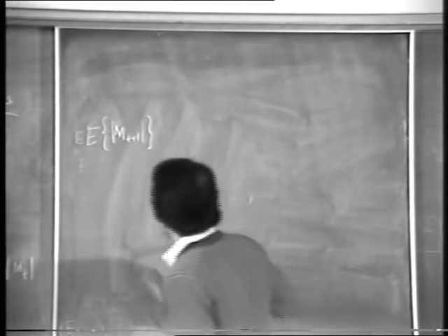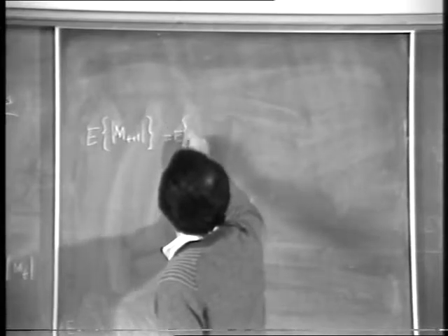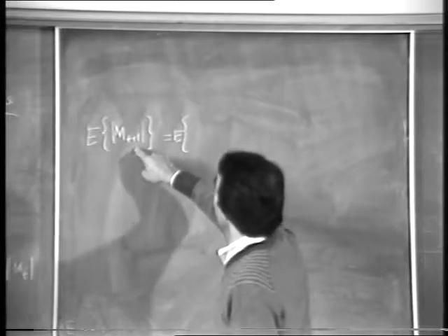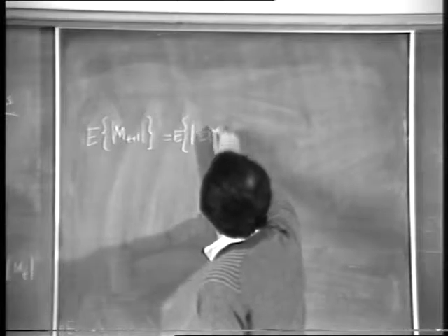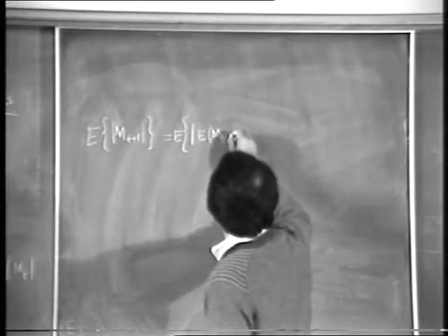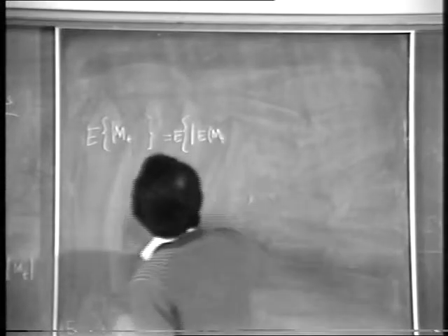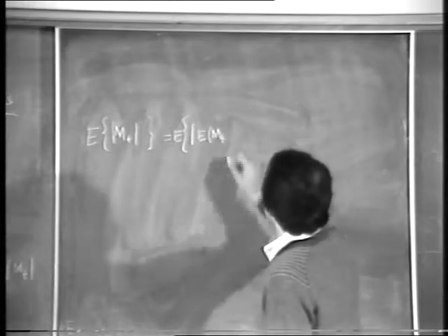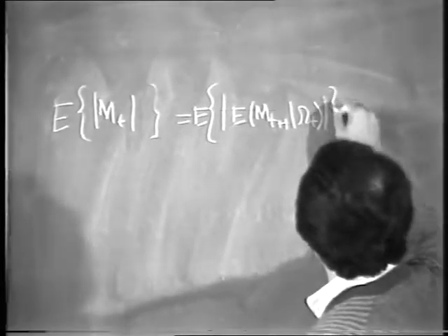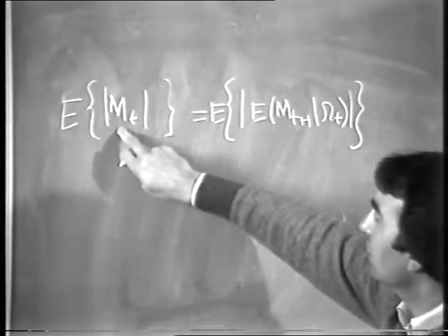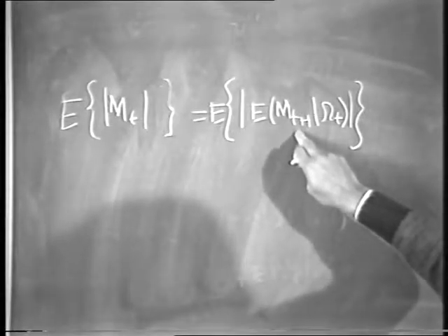That is equal to the expected value of, now it is a martingale, so that is equal to the expected value of, sorry, I should really start with t. That's equal to the expected value of m_{t+1} given omega_t. Because if it is a martingale, then m_t, according to this, has to hold for all i, so it's also true for t+1. So we can write that.